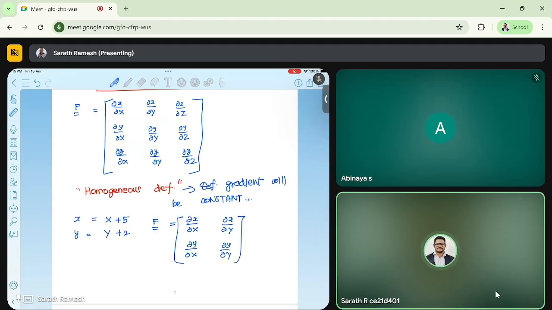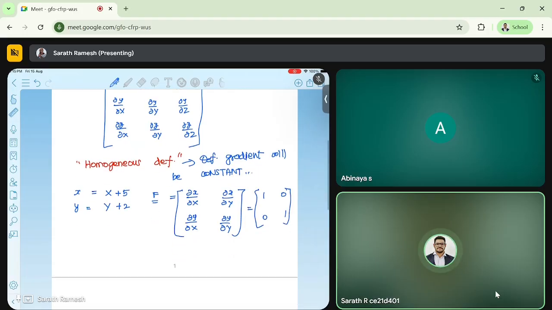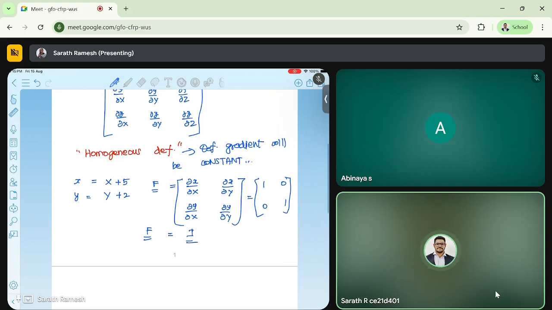So this will be equal to 1. What is dou x by dou capital Y? It's 0. And dou y by dou capital X? 0. And dou y by dou capital Y? It's 1. So F is the identity matrix. For this particular case, F equals I.